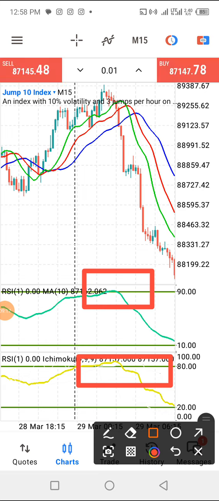When price is touching level 80 and crossing below it, and at the same time we have the same movement in window 1, then we look more into our main chart. In our main chart, we want to see the green line of the alligator crossing the red and the blue downward.